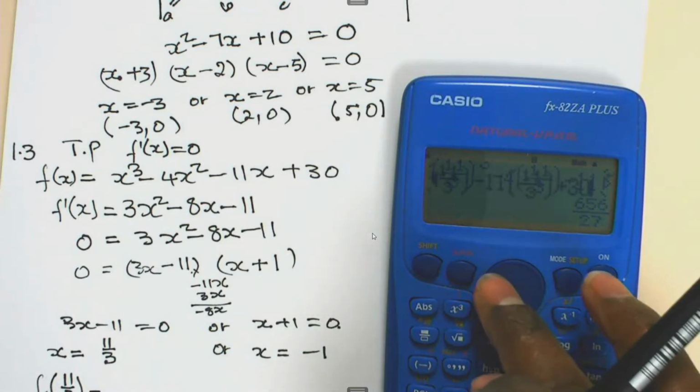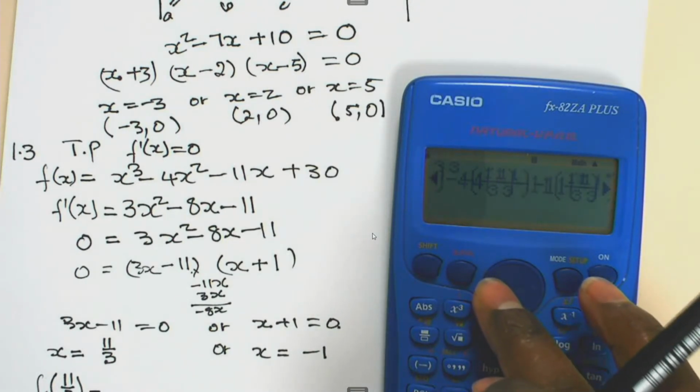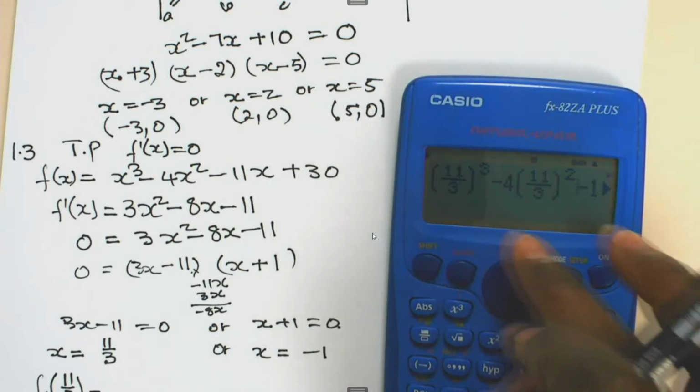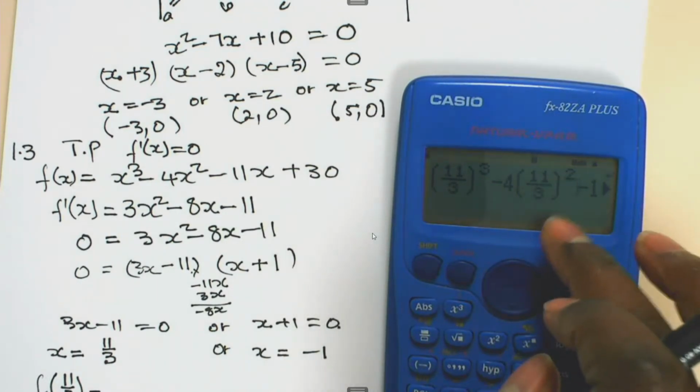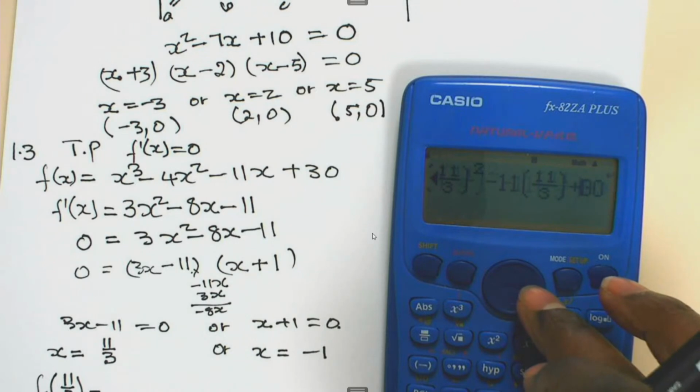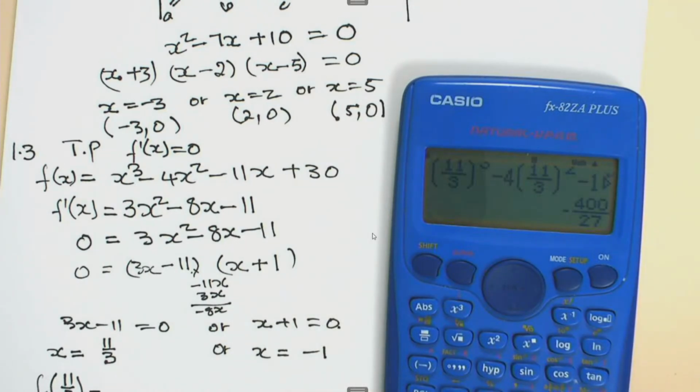Something is not right here. Let me check this. This is squared. We're having 11 over 3 all cubed minus 4 into 11 over 3 squared minus 11 into 11 over 3. And then from there we have plus 30. There we go. Then for x is equal to 11 over 3, the corresponding y value will be minus 400 over 27.